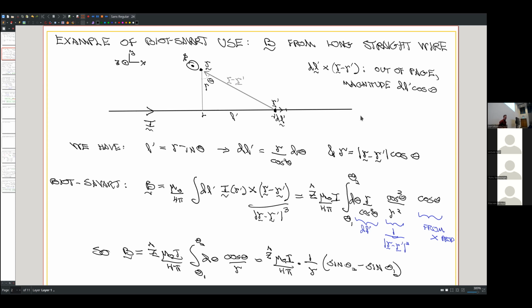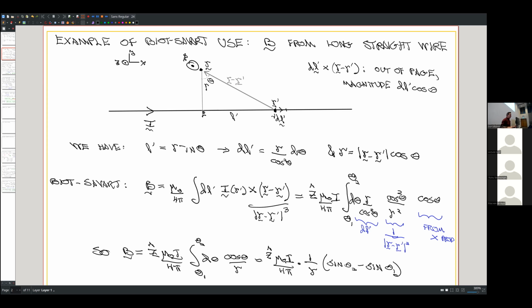So first of all, I want to ask myself, which way does the field point? Once again, the right-hand rule comes in handy. If my current is going to the right, then when I do the current cross the displacement vector, I get a vector pointing out of the wall.